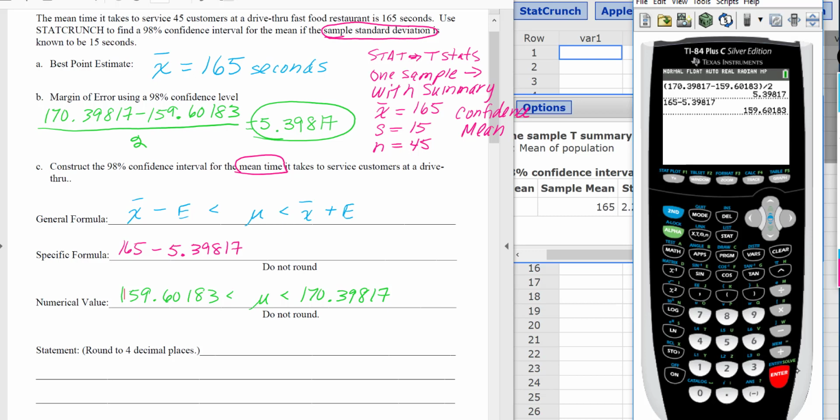There we go, it's the same answer. Then we take the mean, 165, plus our margin of error, 5.39817. We hit enter, and we get our upper boundary.